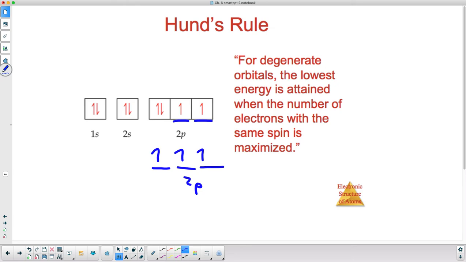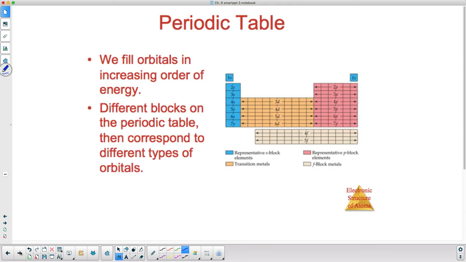Remember that these orbitals are degenerate, they're all at the same energy level. So my px here is at the same energy as my pz. These electrons will spin positively, typically the same, but they will spread out first. That's Hund's rule.